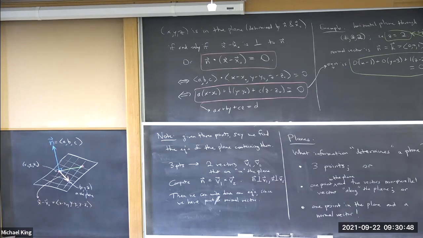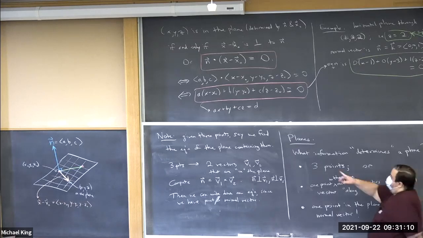The equation of a plane. I think in this section, when I start assigning problems about this, there will be things like write down the plane through this point parallel to this other plane. But if you have the equation of the other plane, then you can write down the normal vector. That's the other thing that's nice.